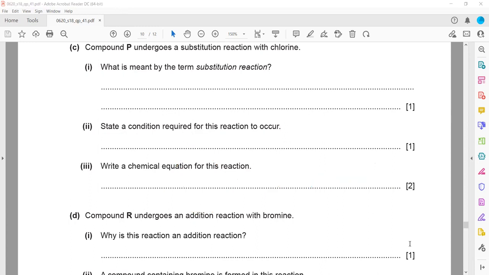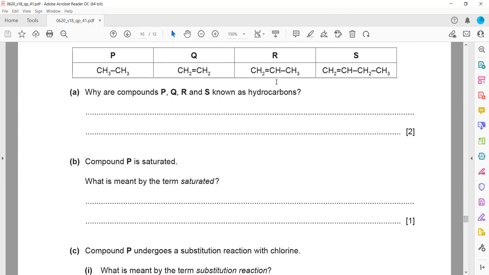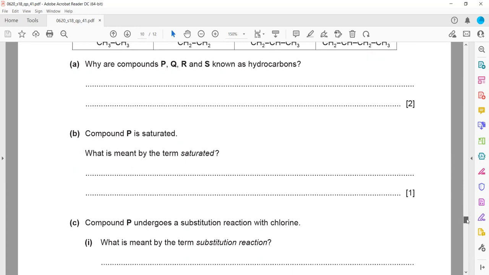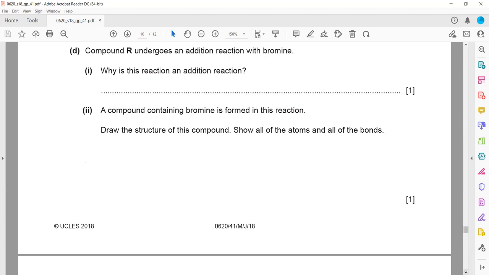Then compound R undergoes an addition reaction. So what is compound R? This is compound R, which has 1, 2, 3 carbons, propene. So what is the definition of an addition reaction? When different types of atoms or molecules combine and form only one product, we call that reaction an addition reaction.